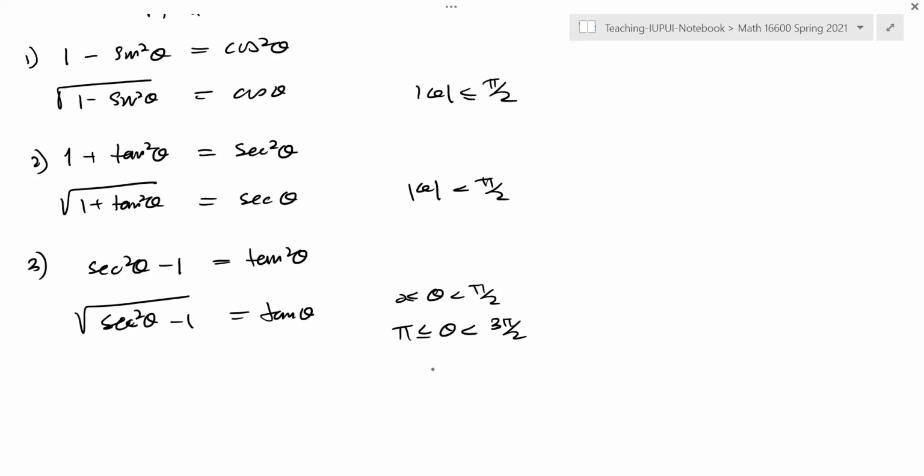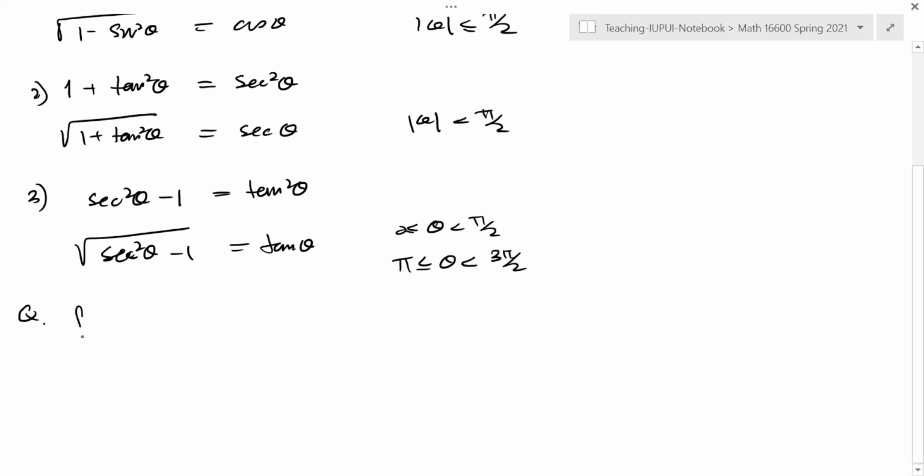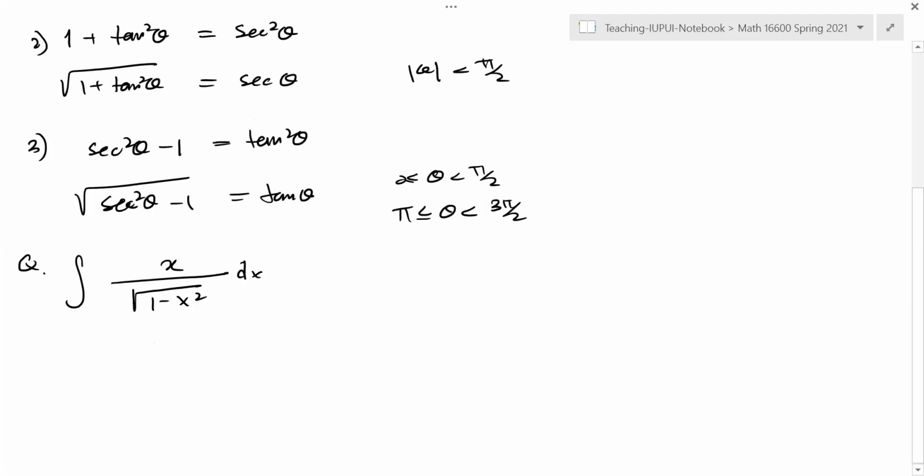We are going to use these to solve an integral, for example, problems like the integral of x times the square root of 1 minus x squared dx. We have 2 options here to solve. One is just to use a regular substitution.